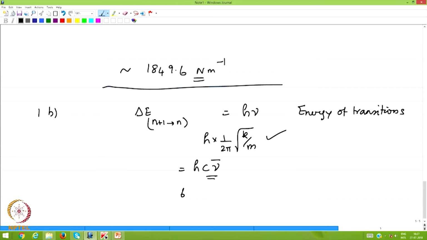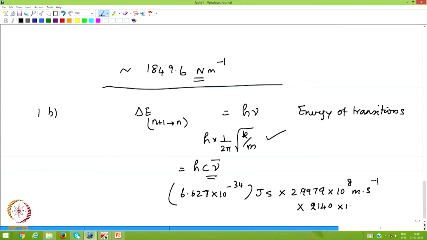Therefore, the answer is 6.627 into 10 raised to minus 34 joule second into 2.9979 into 10 raised to 8 meters per second times 2140 into 100 per meter, and you can see that the second goes away and the meter goes away, and therefore, what is left over is the joules, and therefore, you can get this answer calculated.